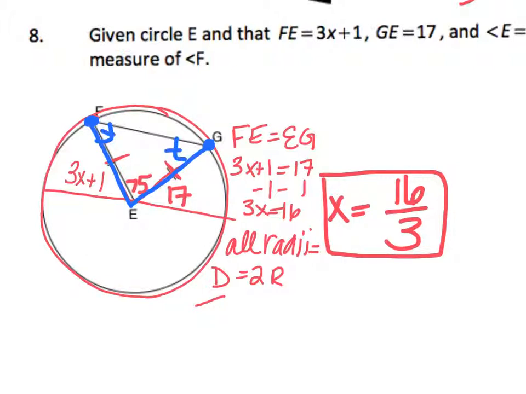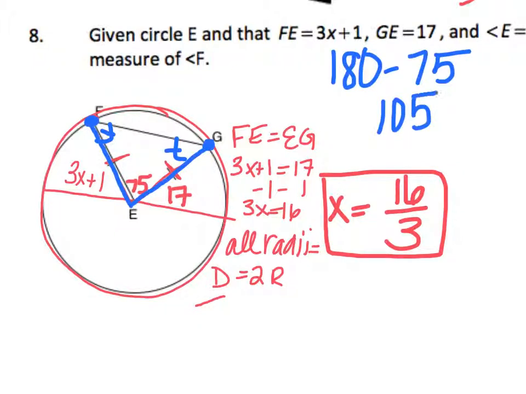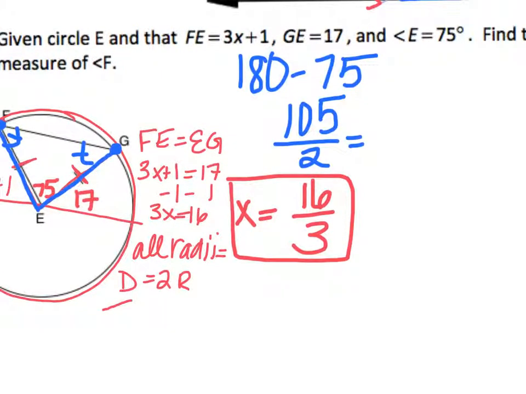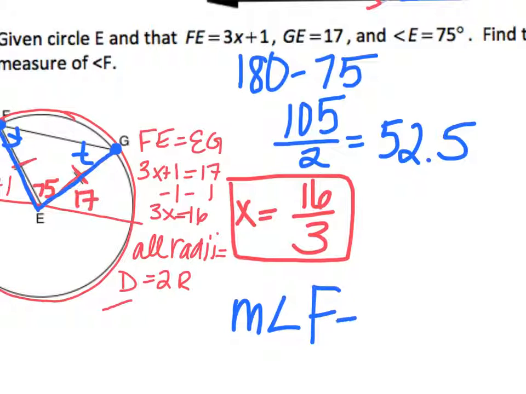If I have one angle that's 75, the other angles have to add up together to 180, but they have to be the same. So I'm going to take 180 and subtract 75, which gets me 105. I'm going to divide that by 2, which will give me 52.5. So the measure of angle F equals 52.5.